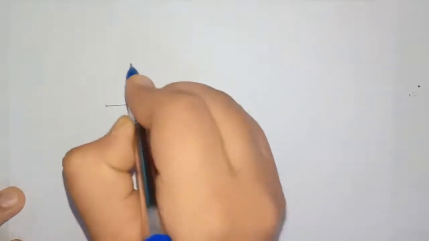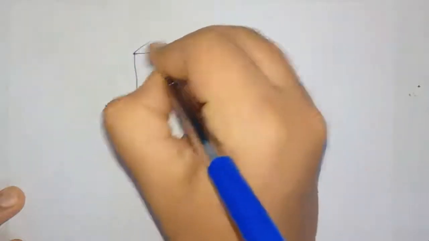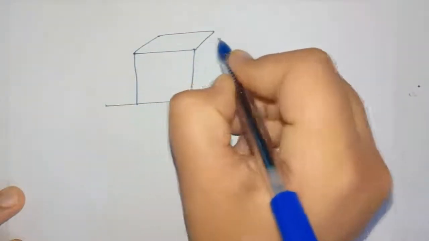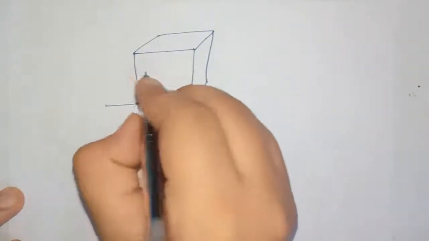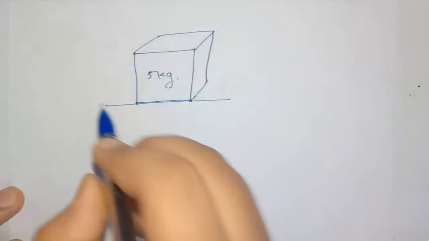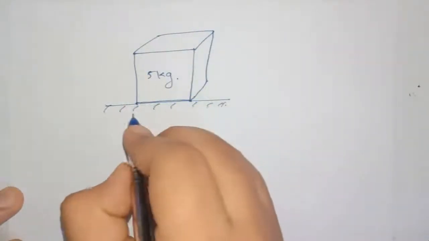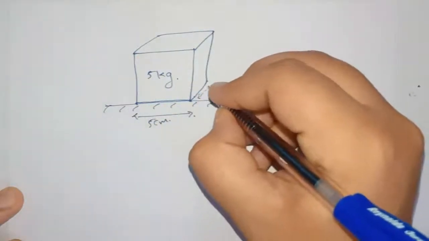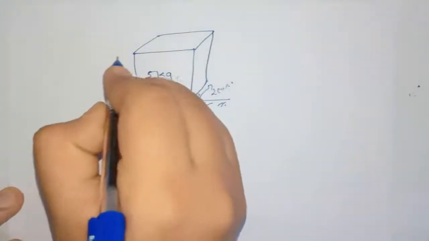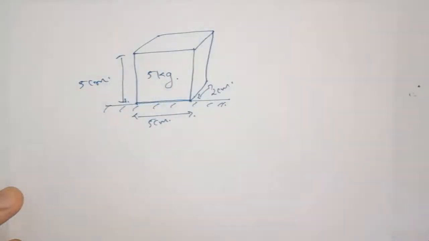For example, there is one object. The mass of the object is, let's say, 5 kg. It is kept on a surface. The sides of the object in contact with the surface are 5 cm, this one is 2 cm, and this height is also 5 cm.